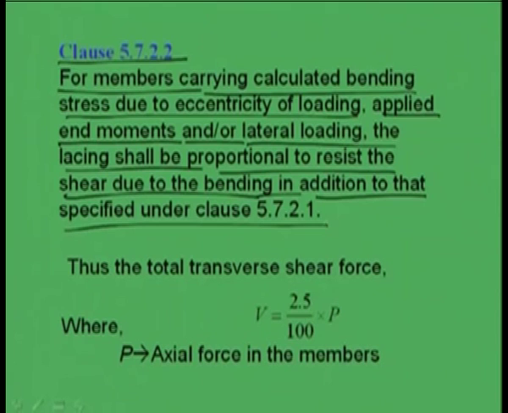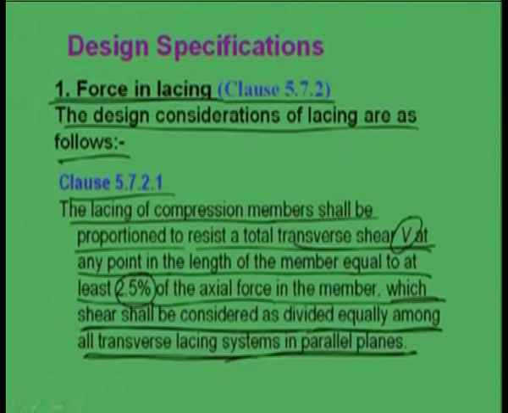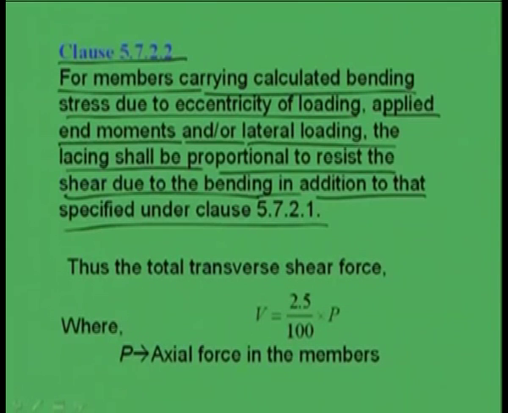That means, in clause 5.7.2.1 we have specified that at least 2.5% of the axial force will come as a transverse shear. In addition to that, this clause has to be also followed.